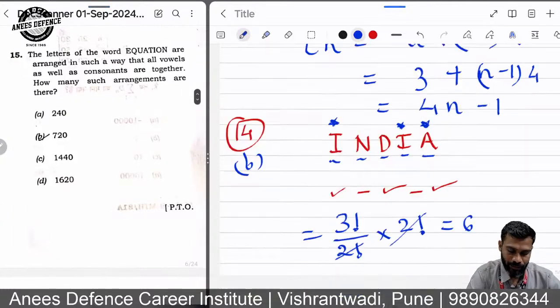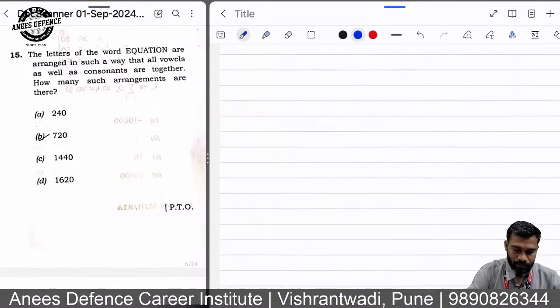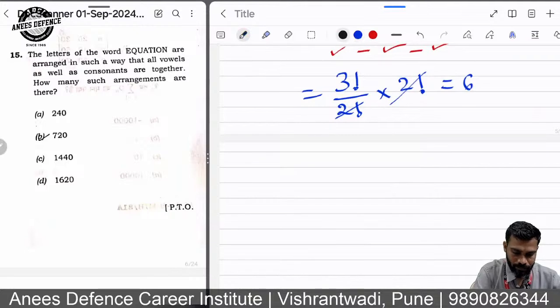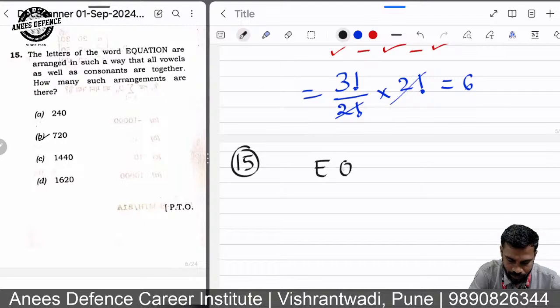Okay. Number 15. The letters of the word equation are arranged in such a way that all the vowels as well as all the consonants are together. So we have to make 2 groups. We have the word equation.